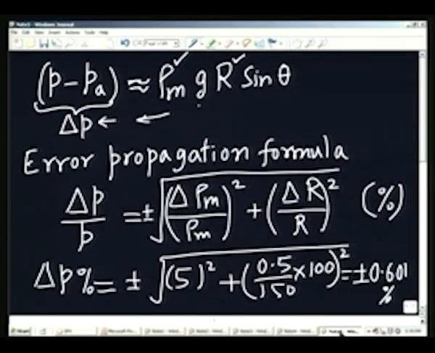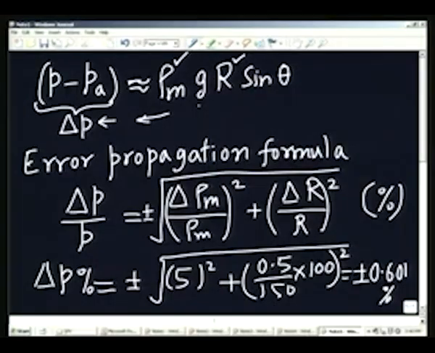Therefore, the pressure is subject to an error of 0.6% because of the two uncertainties in the density and the uncertainty in the measured value of R. Just go back and calculate or compare this error with what happened when you neglected the value of the density of air.